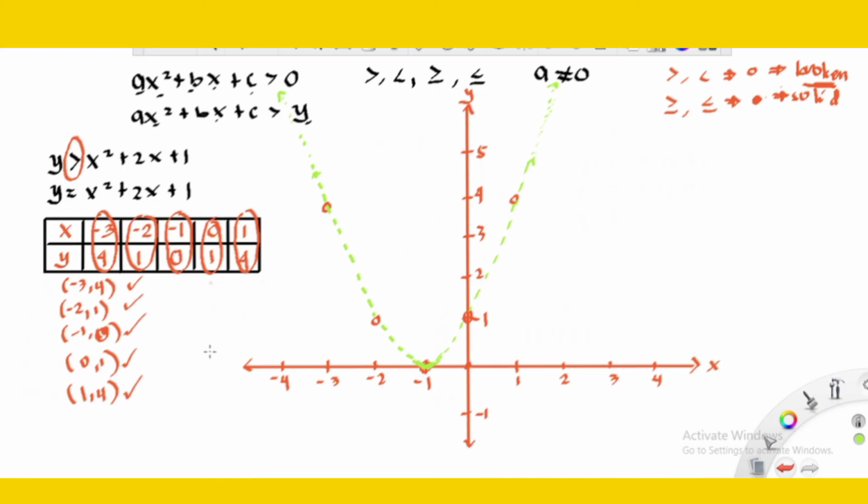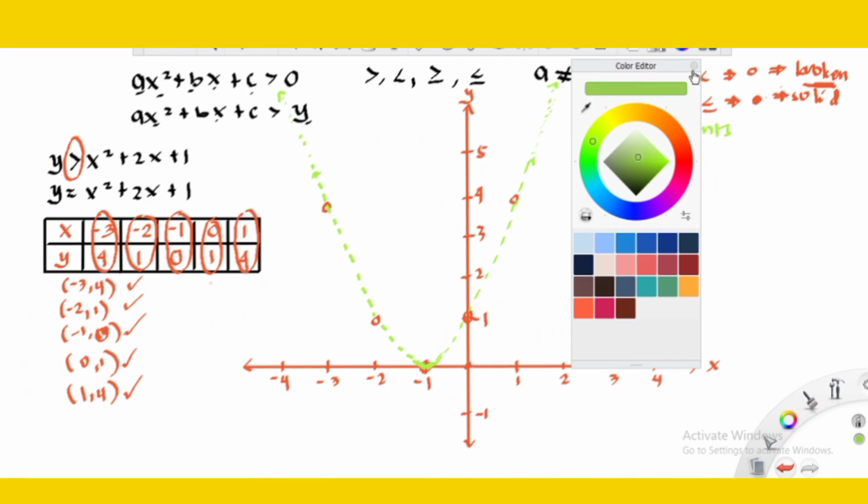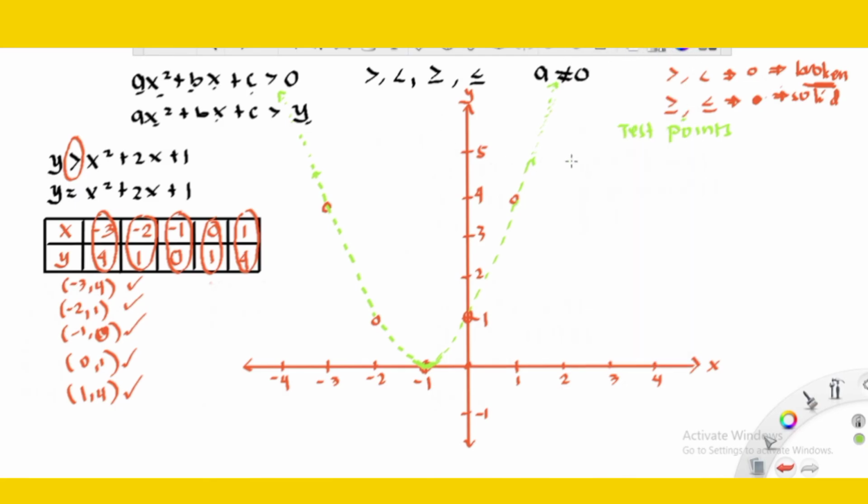So, for us to do that, kailangan natin kumuha ng test points, mga points na ite-test natin. Kukuha tayo ng isang point sa loob nitong ating region para i-test kung solution ba siya ng given inequality. At kukuha din tayo sa labas.